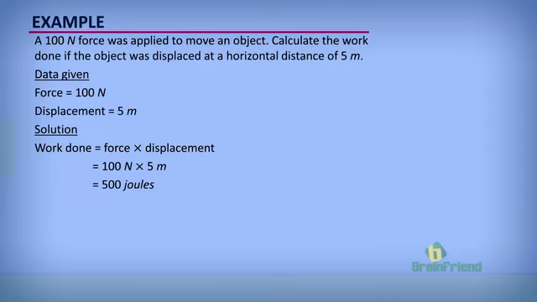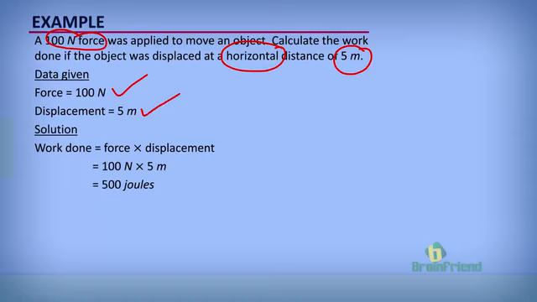Now, let's look at an example. 100 Newton force was applied to move an object. Calculate the work done if the object was displaced at a horizontal distance of 5 meters. Now, the data given from this question, we have force, which is 100 Newton. We have displacement, which is 5 meters.